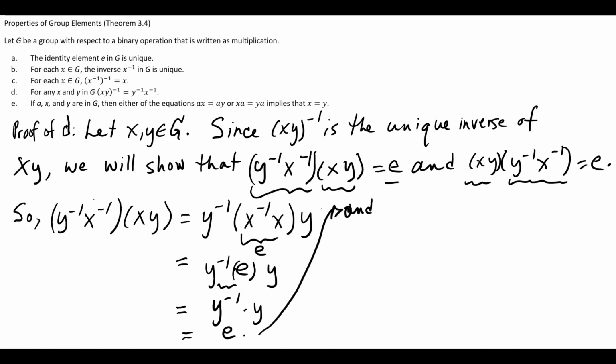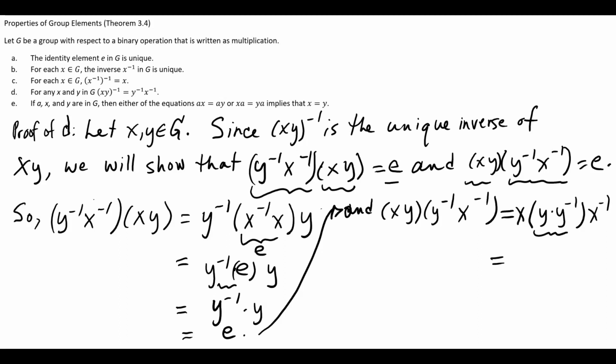Also, if I were to move it around, I end up having xy times y inverse times x inverse, and we want to show that that's equal to e. It's a similar proof. x times y inverse times x inverse, because it's associative and I can group elements differently.